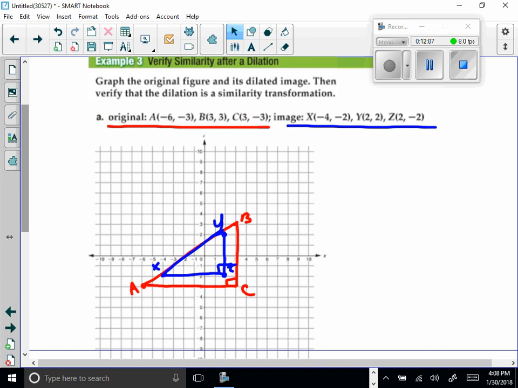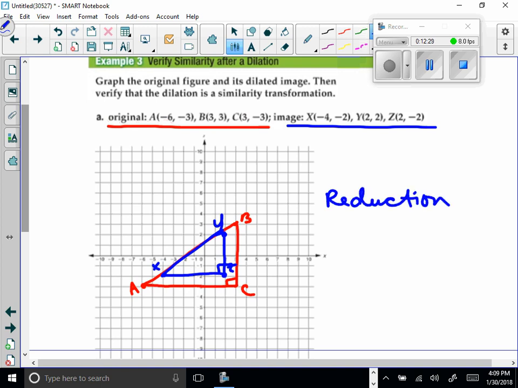Before we can verify that it's a transformation, first we want to look and see what kind of dilation this is. Is this an enlargement or a reduction? From the original to the image, it definitely got smaller, so this is a reduction.